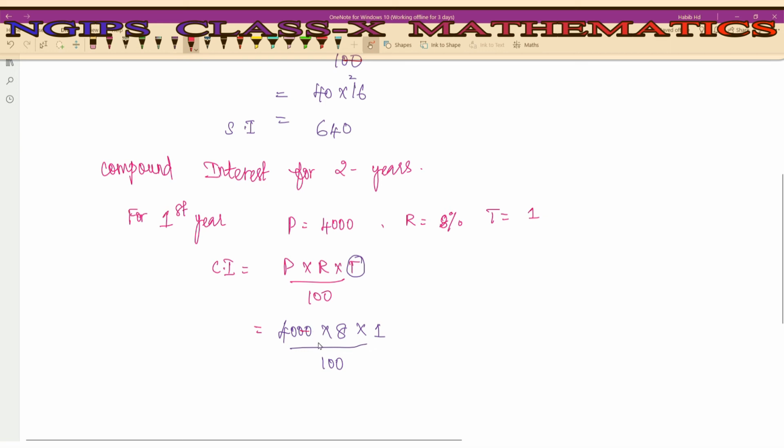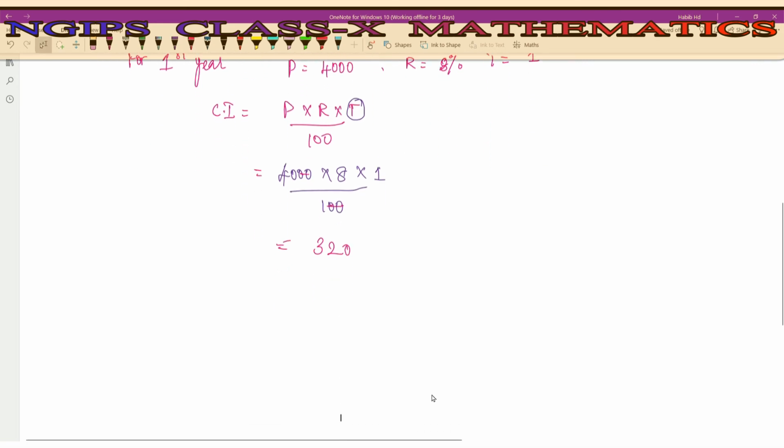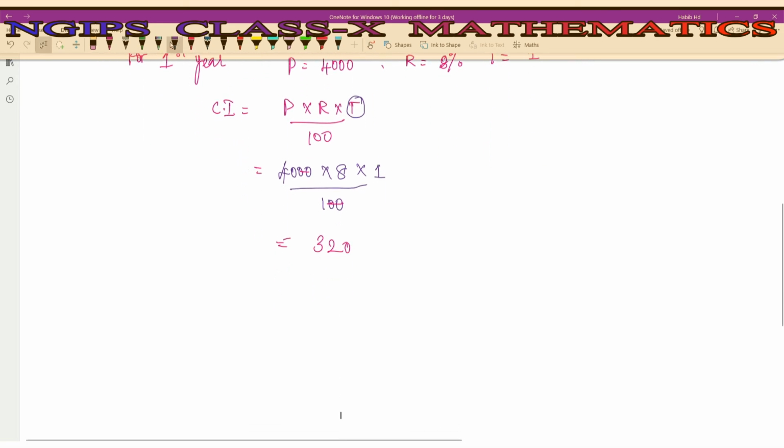Here the zeros will get cancelled, so the leftover is 4 into 8, which is 32, so it is 320 rupees. Next we need to find the amount.